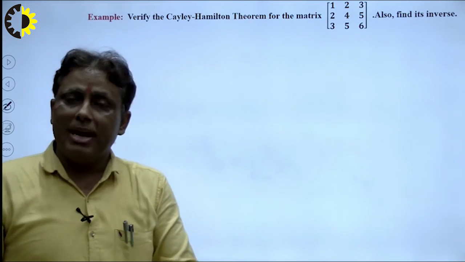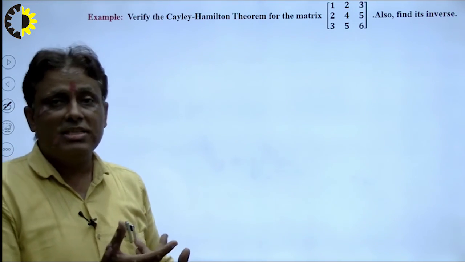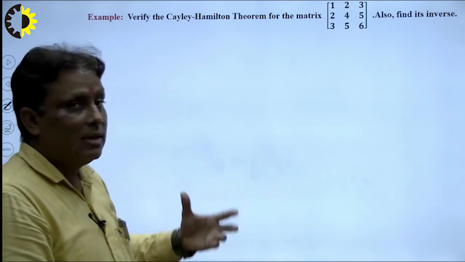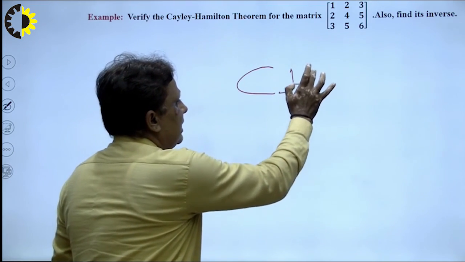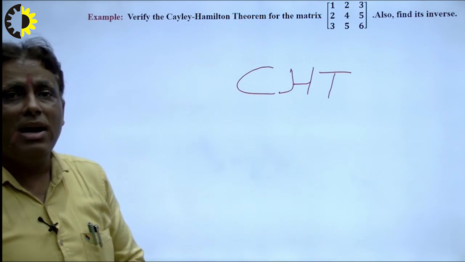With the help of the Cayley-Hamilton theorem, we have many methods to obtain the inverse. First is A inverse equals adjoint A upon determinant of A. Second, the PQR method, and this one is known as the CHT, the Cayley-Hamilton theorem method to obtain the inverse of a square matrix.